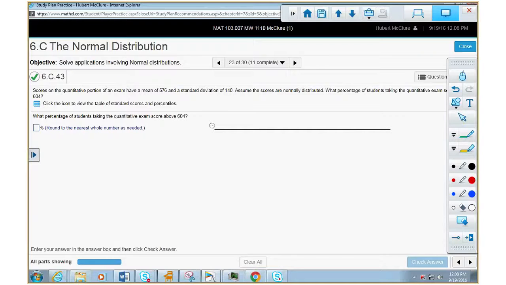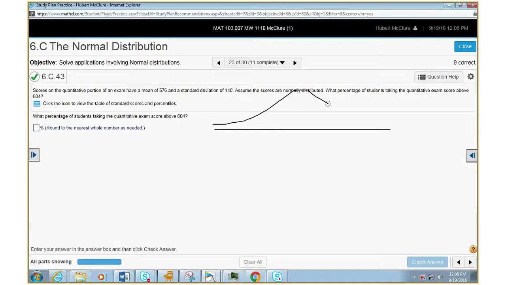We've got a normal distribution. $576 is in the middle. So 576 is right here.